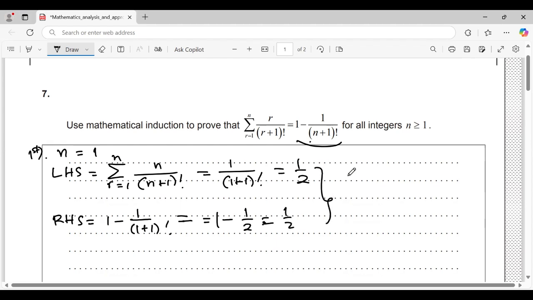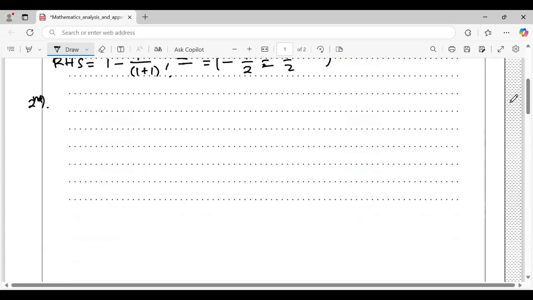So the left-hand side and right-hand side are equal. The second step is the inductive step. We assume that n equals k.